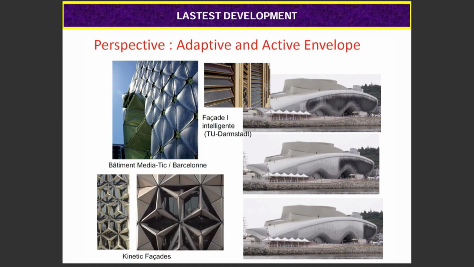In terms of new developments now, what I showed to you until now is aesthetical innovation. It is a ventilated facade that could have a function for winter, so heating needs, and a function for summer for cooling needs. Natural ventilation.